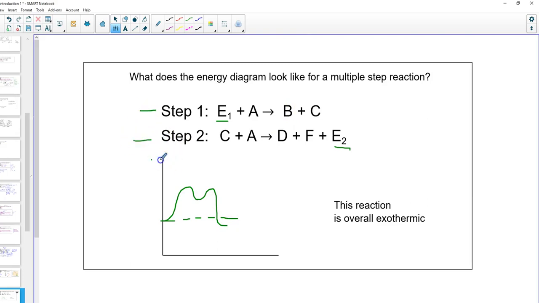So what do we want to get out of this? Each step has got a bump. Okay. And we'll bring this on later, is that one of the bumps will be bigger than the other one. So if this one here, let's say that this energy is the biggest one, then this might be a little higher, and this is called our rate determining step.